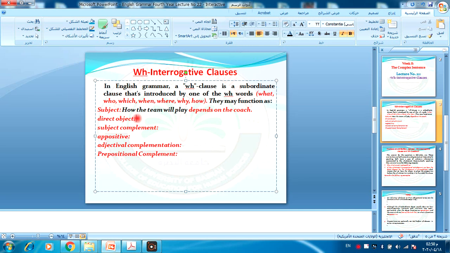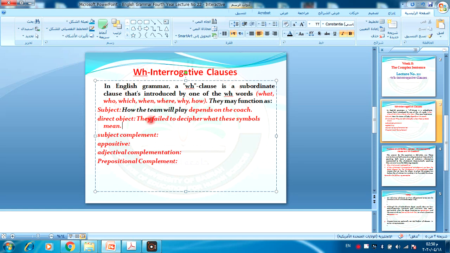Okay, so number two, they may function as direct object. So for example, when we say, they failed to decipher what these symbols mean.